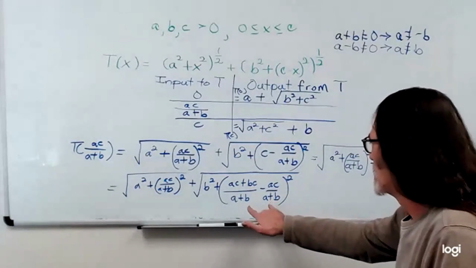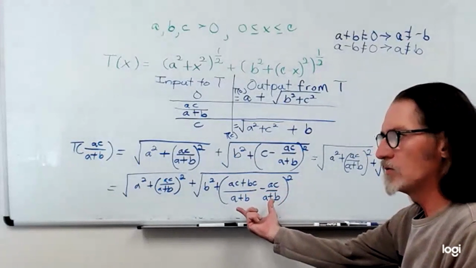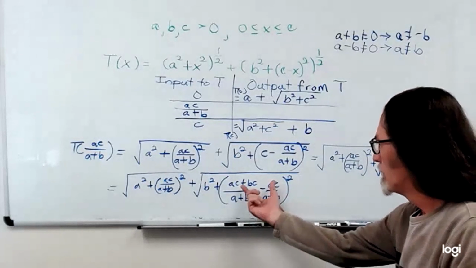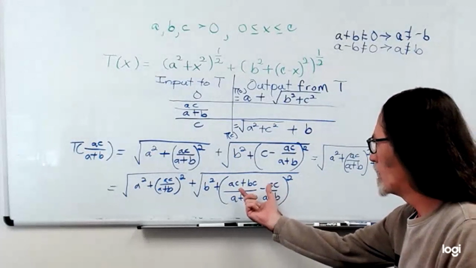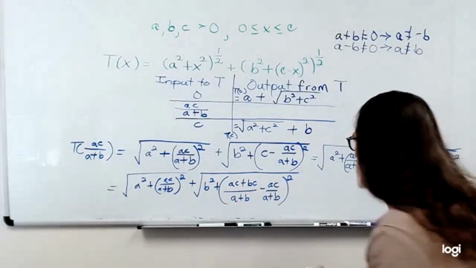And when we put together these two fractions with the same denominator, then subtracting those numerators, we're going to get the ACs to cancel.